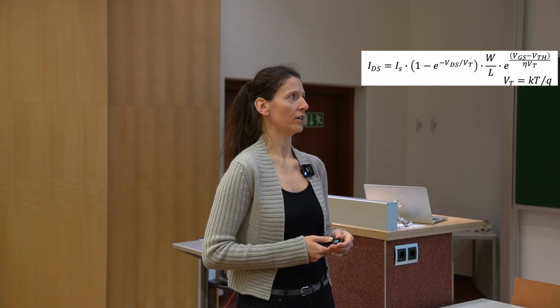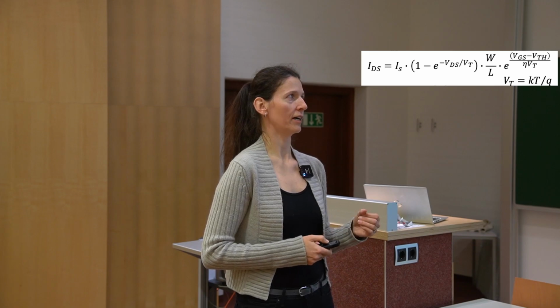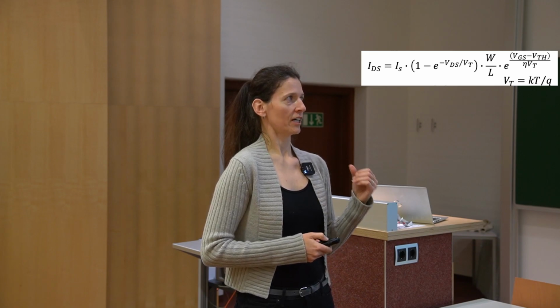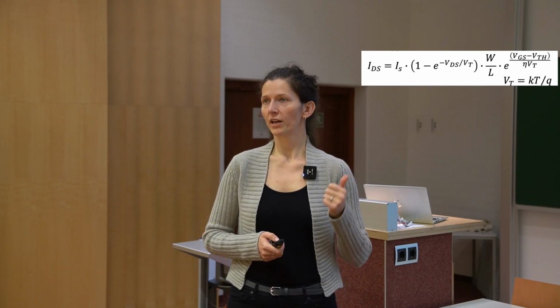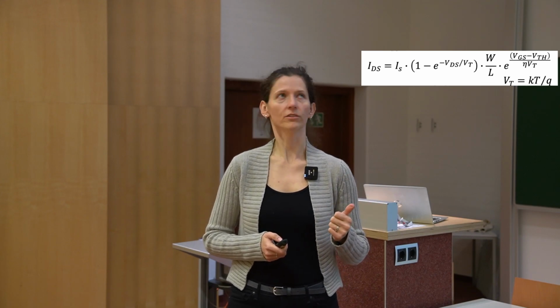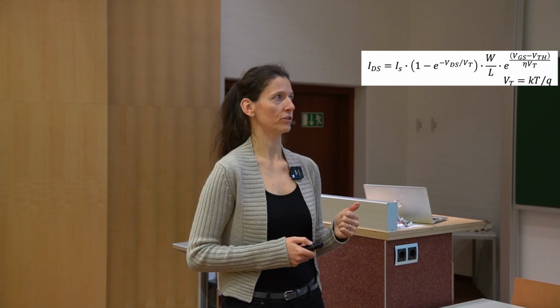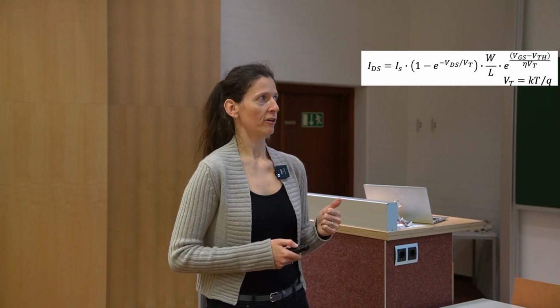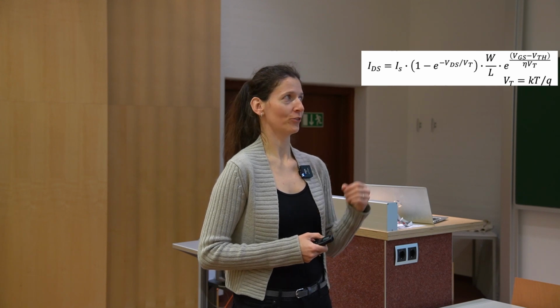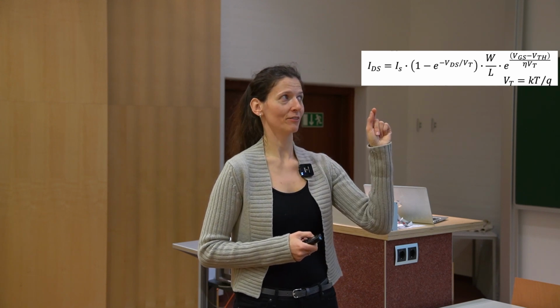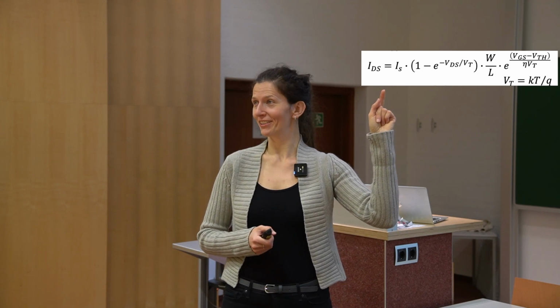What is important is that in this case, the charge carriers are mainly thermally generated charge carriers. So we have a very strong dependency on the thermal voltage, which is kT over q. We have strong dependencies on the doping levels, which you can see in the presence of the eta parameter in the exponent.